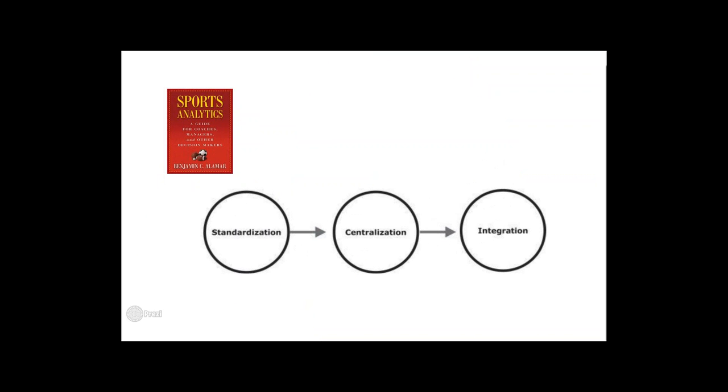And this is one very interesting graph. All our data, including GPS, needs to be standardized, stored in a centralized location, and integrated. Now it doesn't seem so important, these three circles, but as I go, I'm probably going to return to some of these concepts, especially standardization and integration.